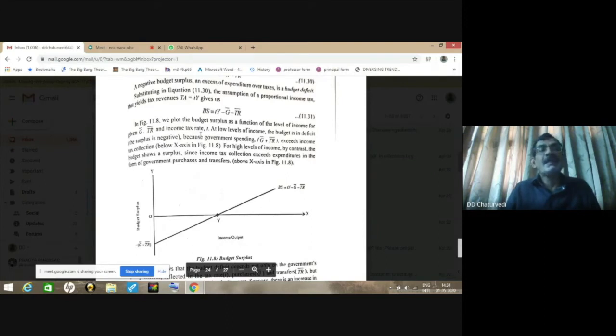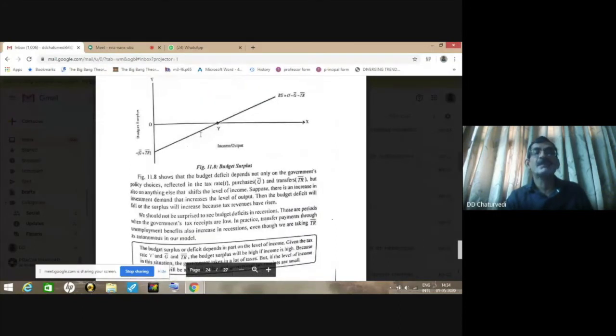That means when income level is 0, budget surplus will be negative and it will be equal to minus G minus TR, and that shows the negative y-intercept. Otherwise, in general terms, we can say budget surplus is given by tY minus G bar minus TR bar, as shown in diagram 11.8, showing the budget surplus for different levels of income.